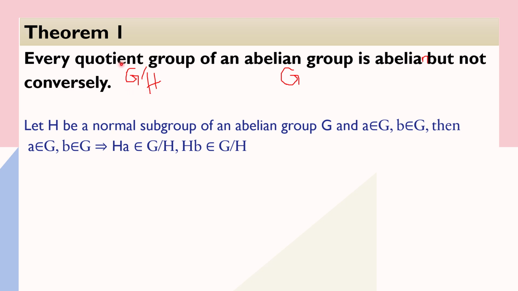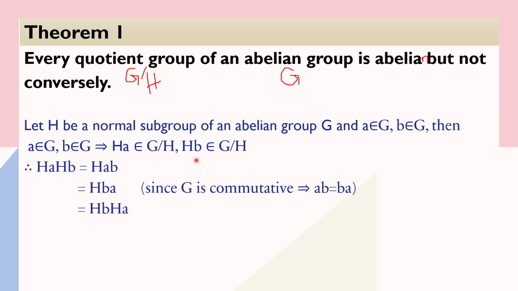This is given to us, so we will say that H is a normal subgroup of an abelian group G, and A is an element of G, B is an element of G. Then since A belongs to G and B belongs to G, that means HA belongs to G by H and HB belongs to G by H. For making the quotient group G by H, we need to have the cosets, right? And since A and B are elements of G, therefore HA is an element of G by H and HB is an element of G by H. Understood till here?